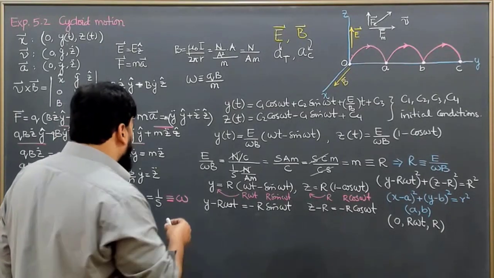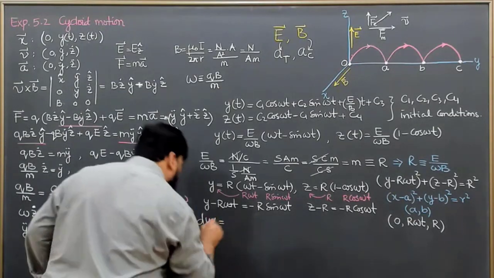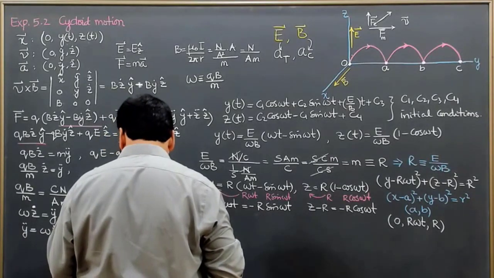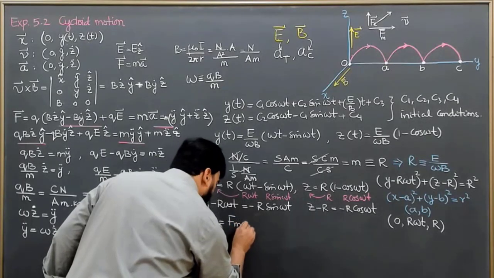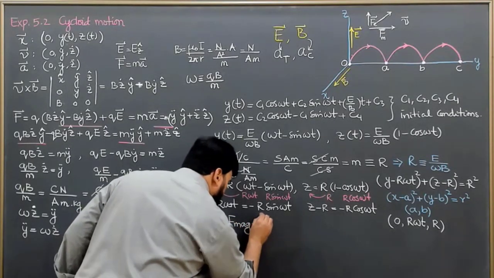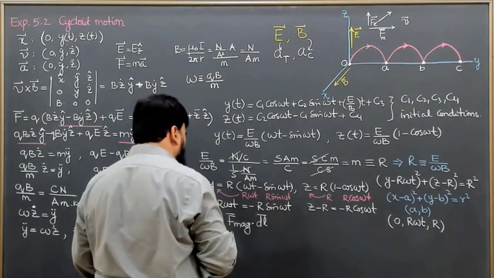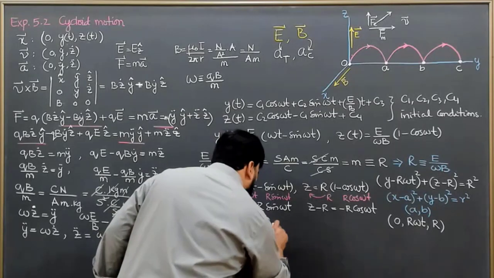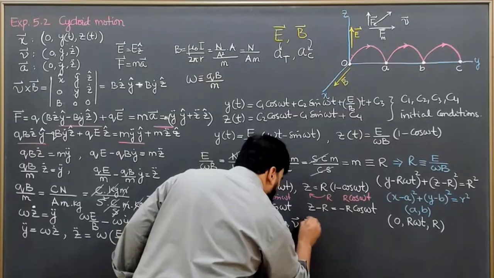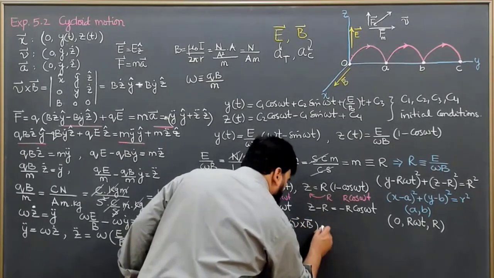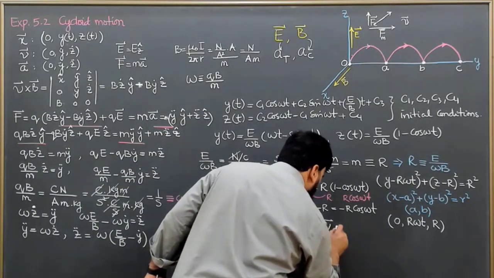If I write the equation of work, a fraction of work dW is equal to F magnetic dot dl or ds, and then F magnetic is q V cross B, while dl is V dt.